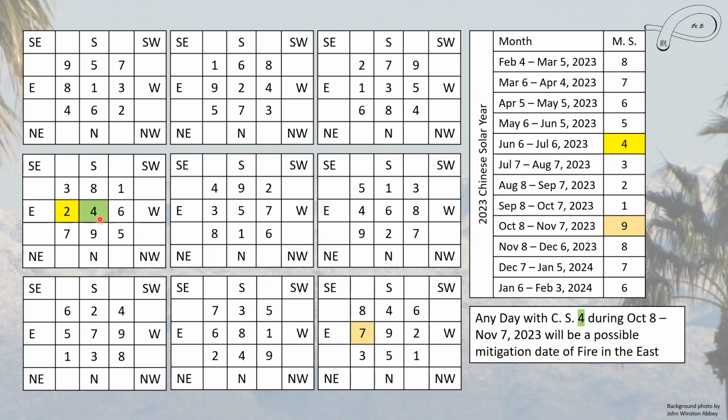So we're looking for a day that has the 4 in the center to give us the 2. And so then we have this Her2 combo. Same kind of thing happens during the month where we have 4 in the center, we'll have 2 in the east. So we're looking for a day with 7 in the east, which comes with when it's 9 in the center. So now these are again different months, but you do have these days.